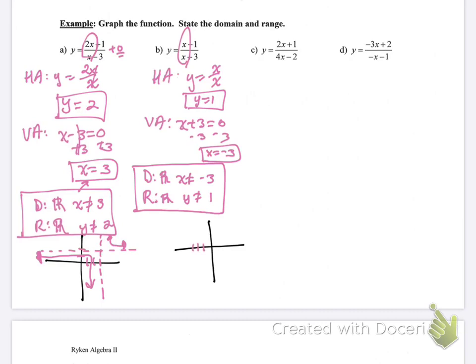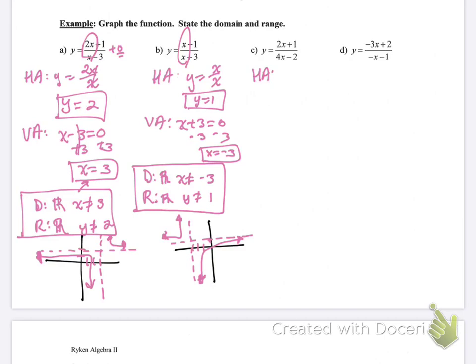Negative 3 is left 3, vertical line. Y equals 1 is up 1, horizontal line. Sketch from the calculator. I think I had one up there, and the other one was like here. Okay, call it a day.